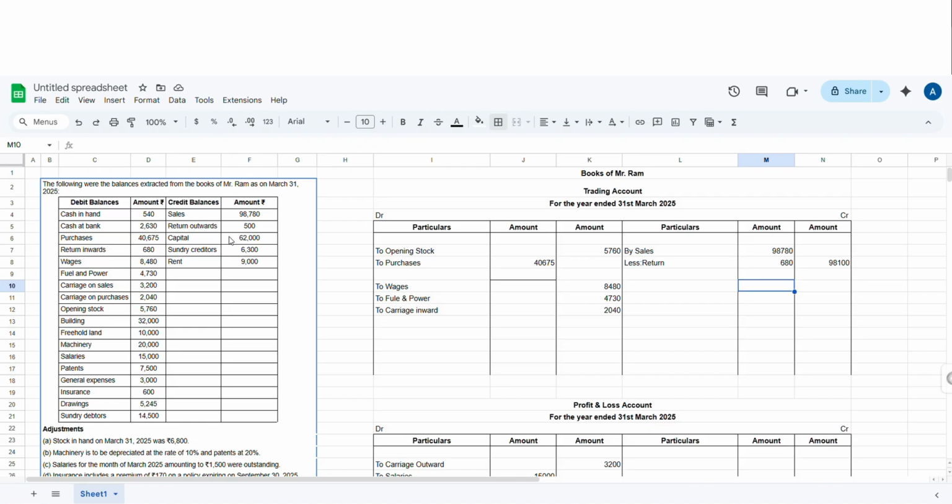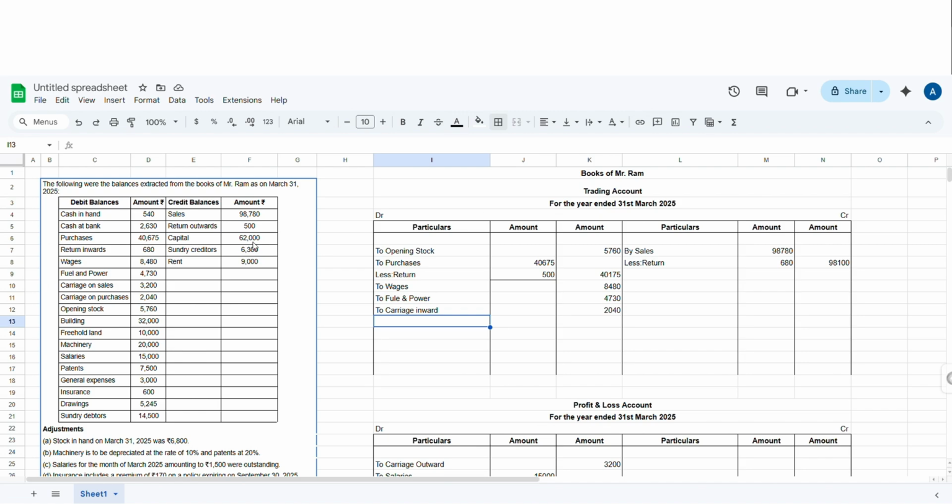Then we have return outward, 500 rupees. Return outward means purchase return. We purchased the goods, now we are returning them. So less returns, that is 500, and it is 40,175.